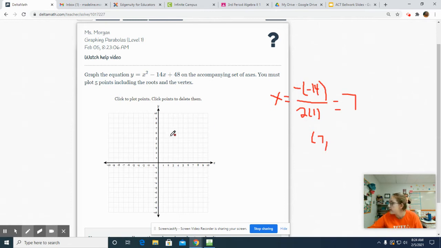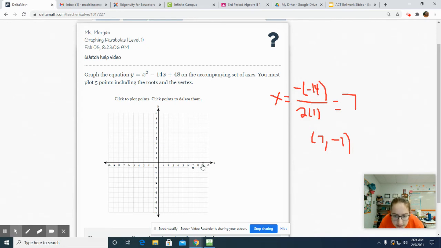Where's my calculator? We're going to plug 7 in, and we're going to get 7 squared minus 14 times 7 plus 48 is going to give me negative 1. So this is going to be my vertex, 7, negative 1. We know it's going to be opening upwards, so that's good.